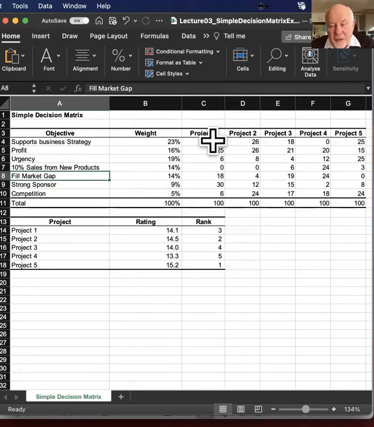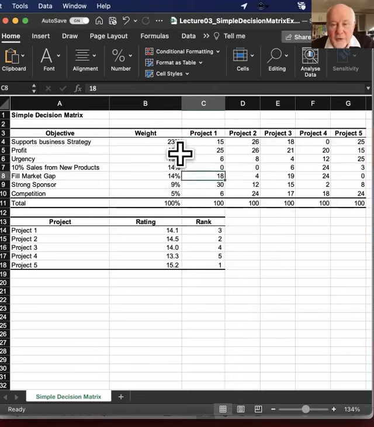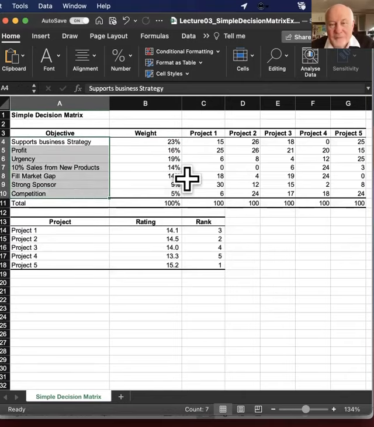Now, the final thing you have here in the main matrix is you have the ratings. So what goes on here is there's some process to select the set of objectives here. And again, this can be a political process.